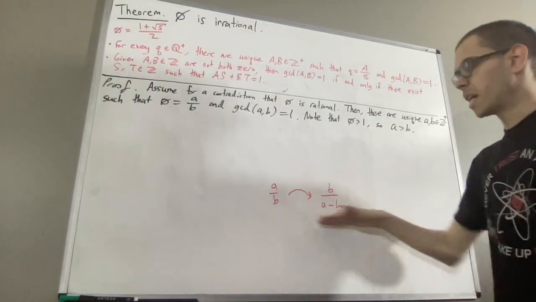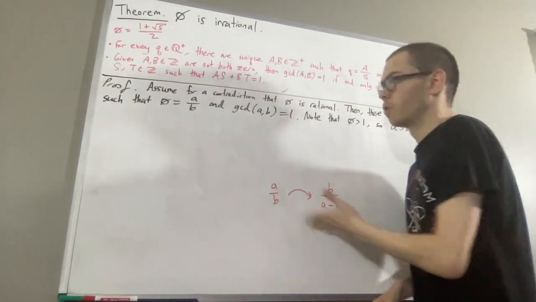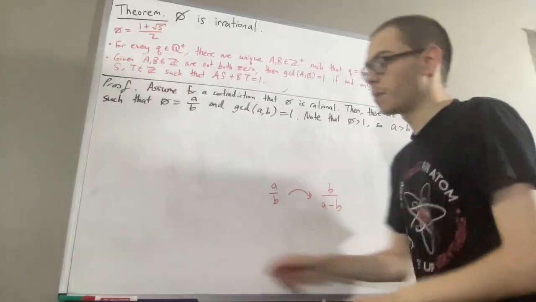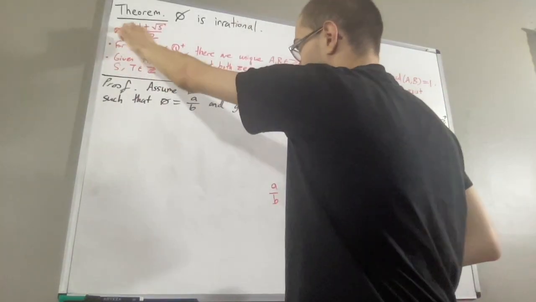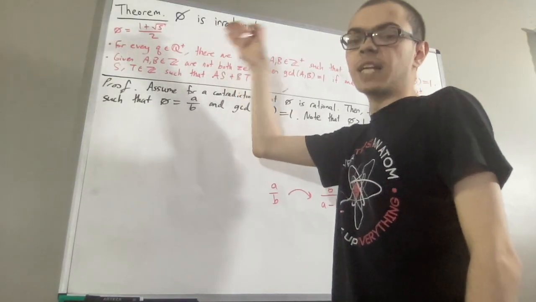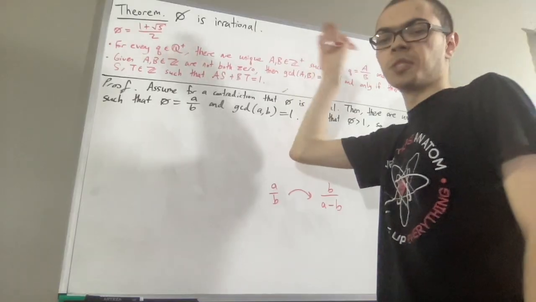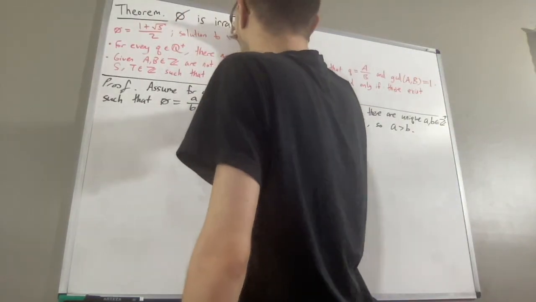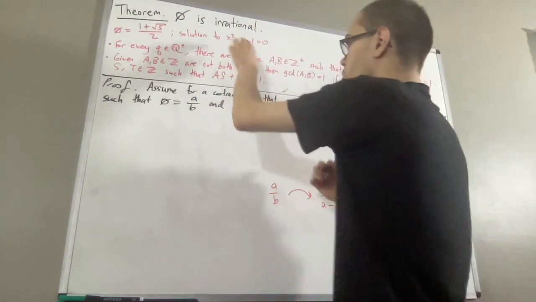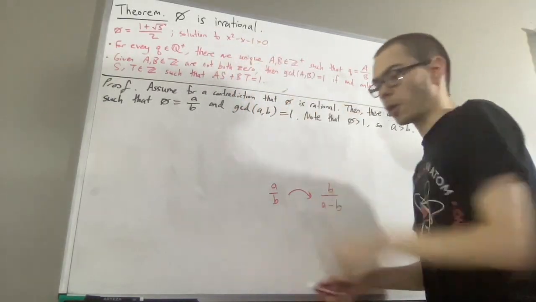So, to see how this happens, this comes from what the golden ratio really is. By definition, the golden ratio is this quantity, but it's also a solution to the quadratic equation x squared minus x minus 1 equals 0. So, golden ratio squared minus golden ratio minus 1 is equal to 0.